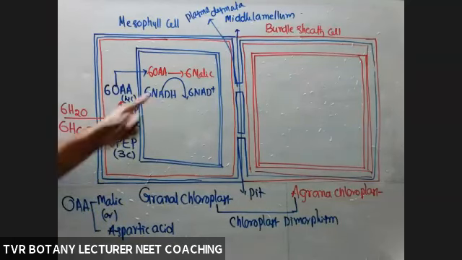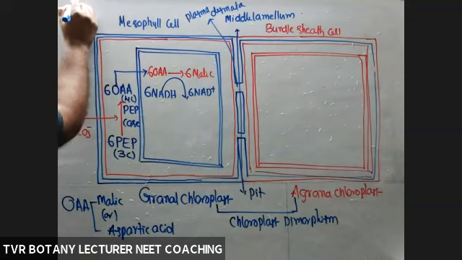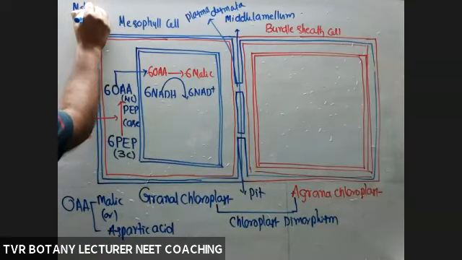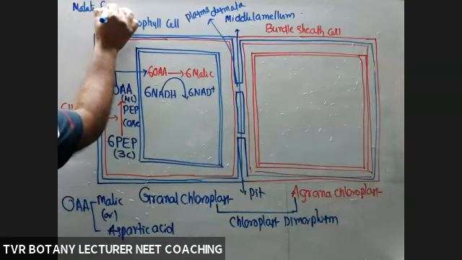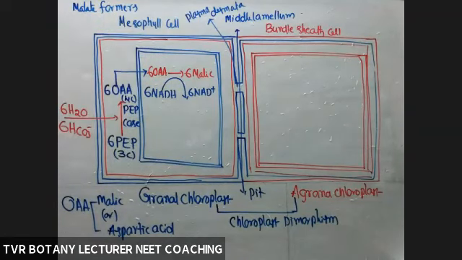If it is reduction, malic acid. If it is transamination, go back to mineral nutrition, OAA is transaminated into aspartic acid. If malic acid is produced, they are called malate formers, able to produce malic acid.